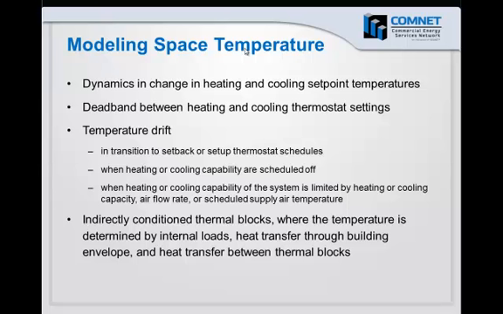It needs to be able to model a dead band between heating and cooling thermostat settings. Needs to accommodate temperature drift from, for instance, the transition from setback thermostats to comfort conditions, or when the heating and cooling capability is shut off and then brought back on again.